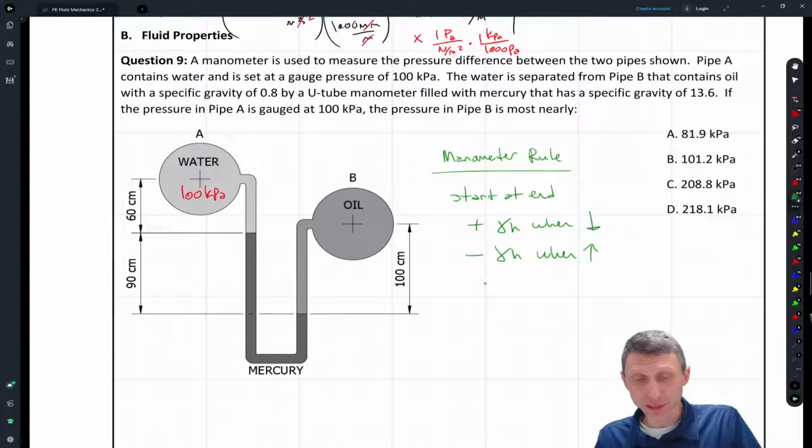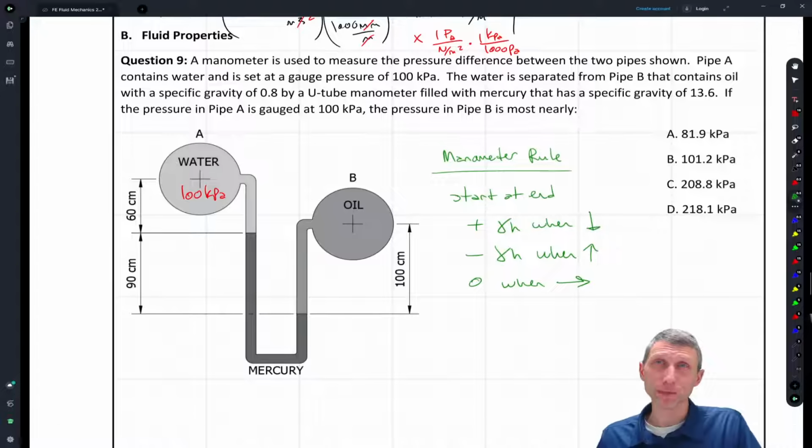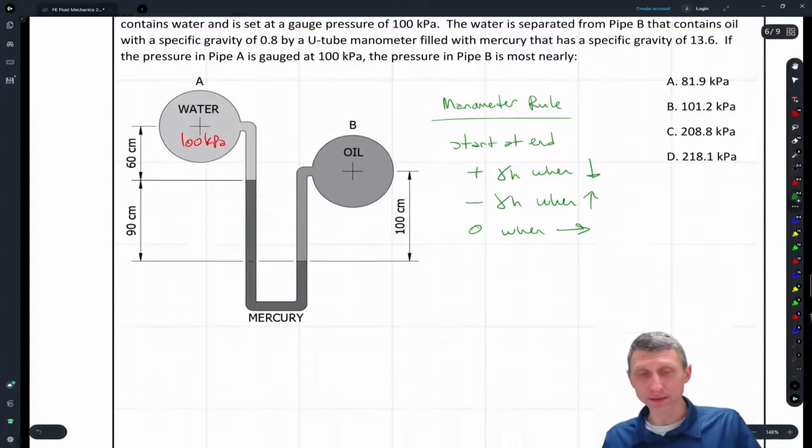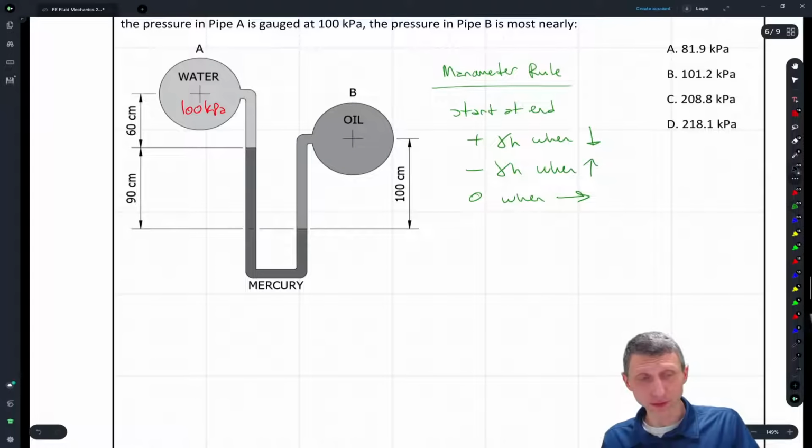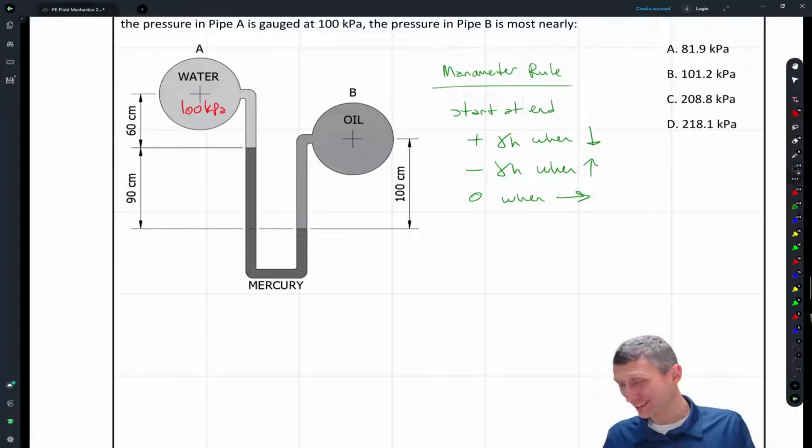And there's no pressure change, 0, when moving horizontal. So that's the basic manometer rule that I learned at one point, and relearned here.